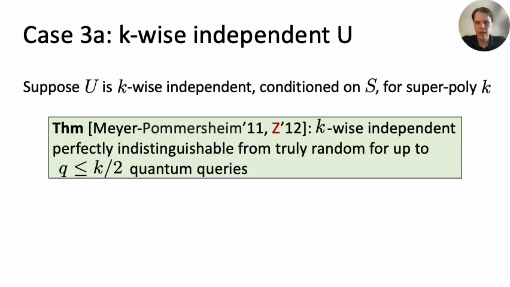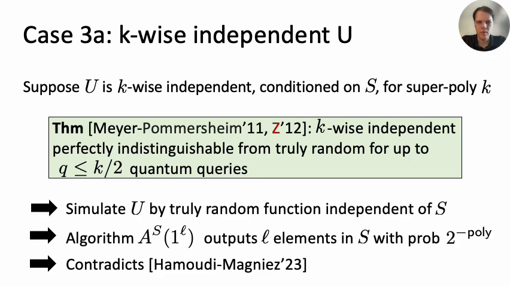And what I mean by k-wise independent is that it's k-wise independent even conditioned on S. Now, a result from a few years ago says that k-wise independent functions are actually perfectly indistinguishable from truly random functions as long as your number of queries is at most half of k. And since k is super polynomial, this means that a k-wise independent function is indistinguishable from a random function to any polynomial time adversary.